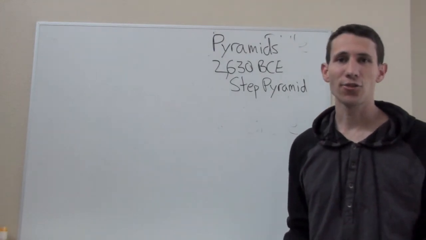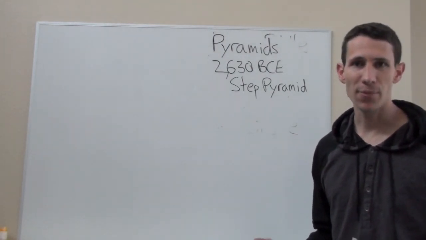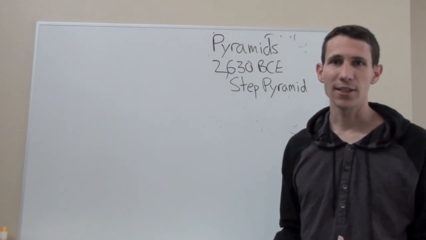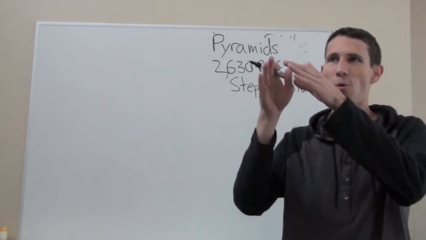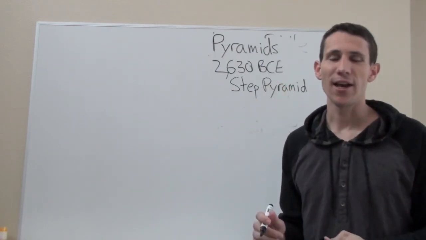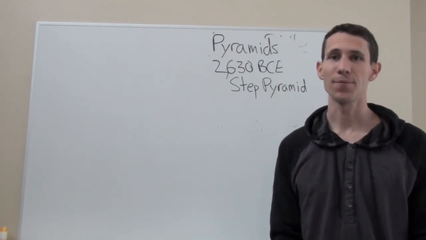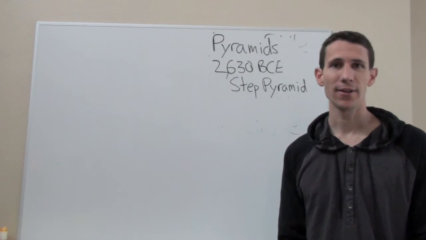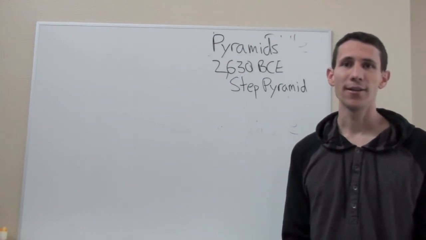It's not a stretch to go from the idea of a step pyramid to realizing, well, hey, all we need to do is fill in the gaps between the steps, and we can have this perfect structure. So a true pyramid. And that's what you get.